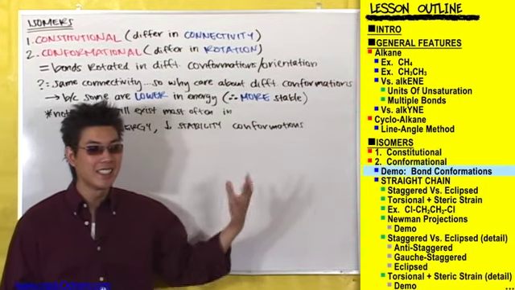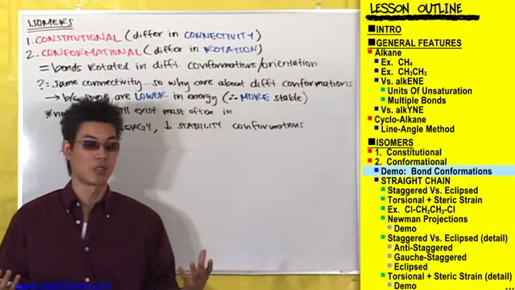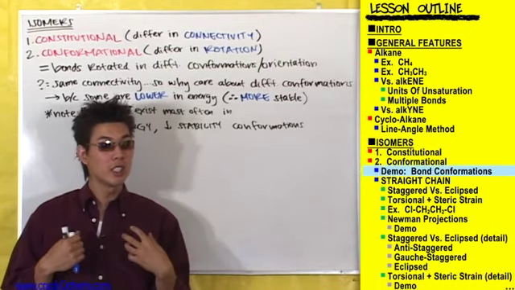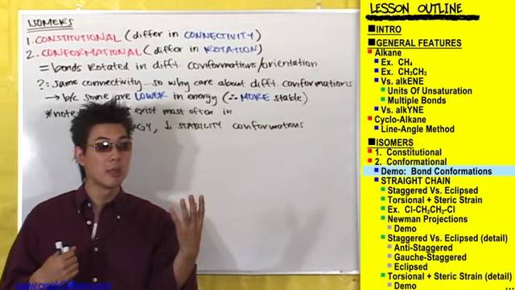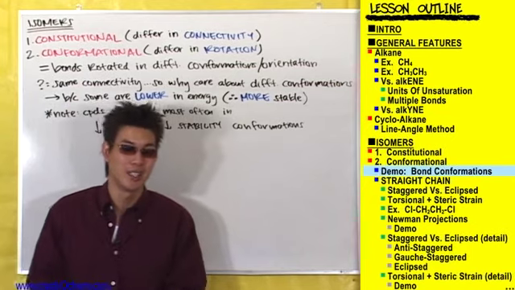Okay, so what this is saying is that one conformation can be more or less stable than another conformation. And this is really important to understand because most likely we're going to be dealing with compounds in their most stable, lowest energy state because that's how they exist most of the time, okay?